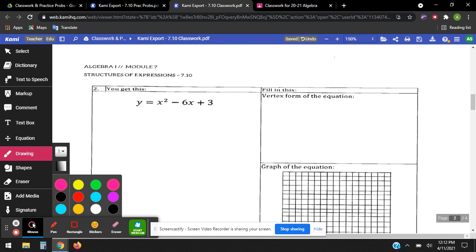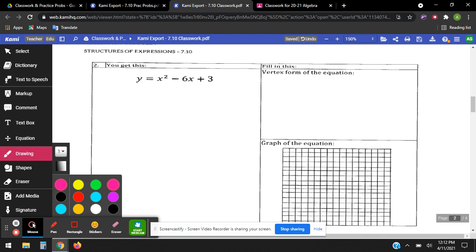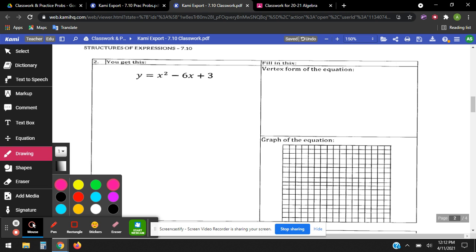Number 2. Now we get this standard form. We want to put it into vertex form. So remember, that's the one where we're trying to complete the square. So first we need to say, all right, it starts with y equals, and then we have to divide negative 6 by 2, which equals 3.